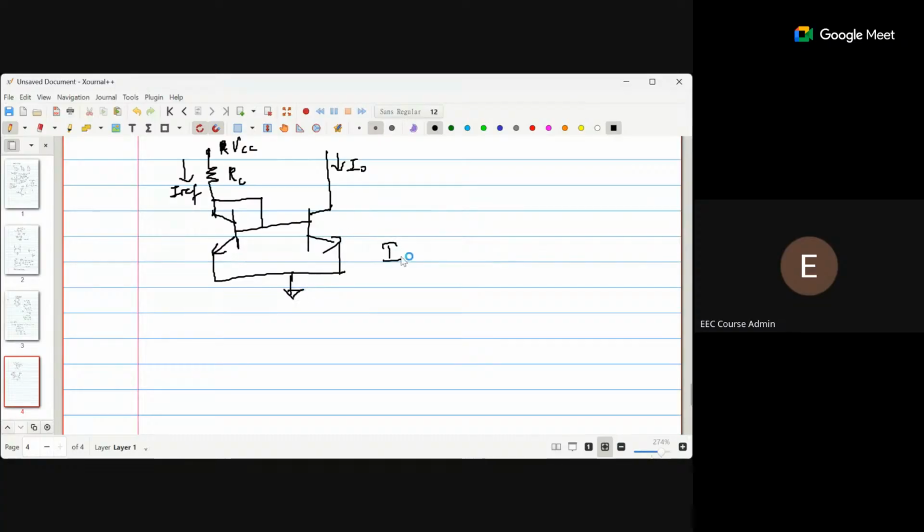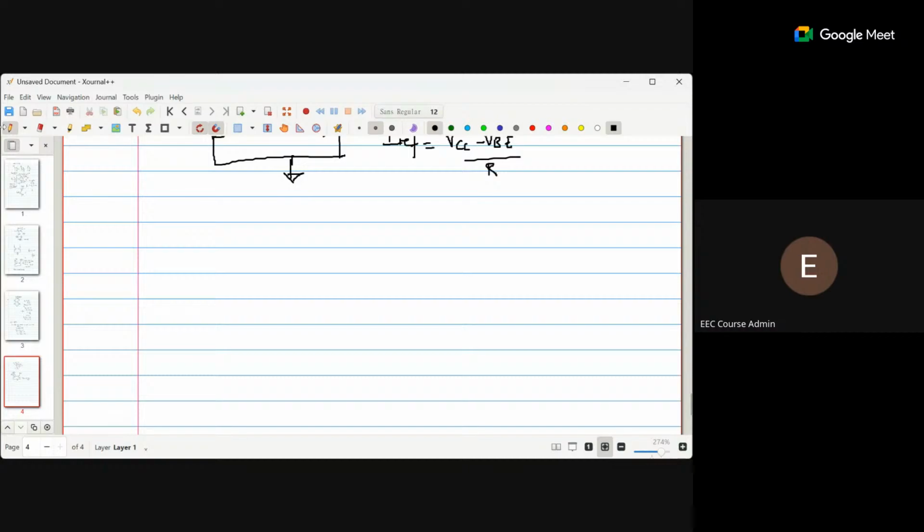So I reference would be VCC minus VBE divided by R. So I reference is the current flowing through this RC. That will be this potential VCC minus this, which is actually VBE, by R. Now, if you have mirroring stages, the circuit will be like this.